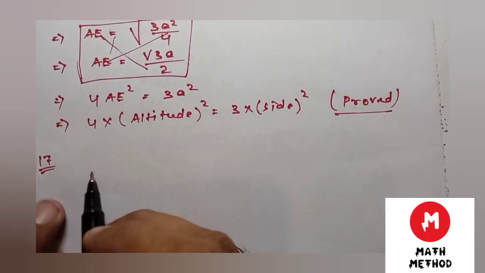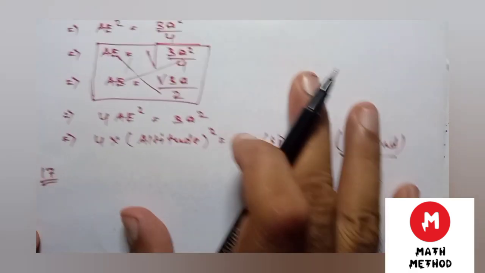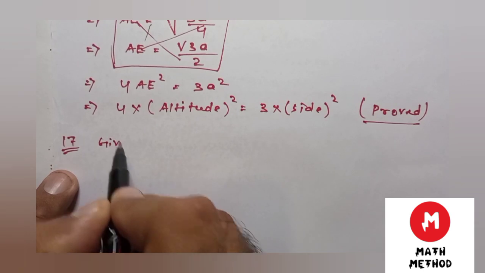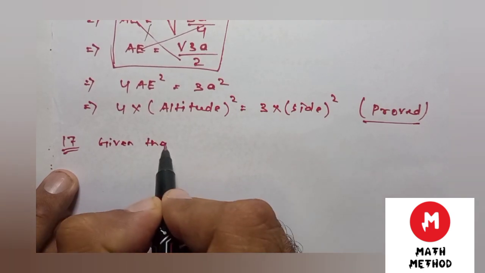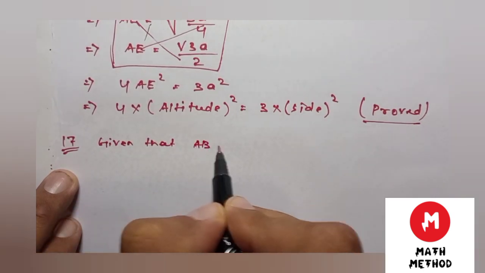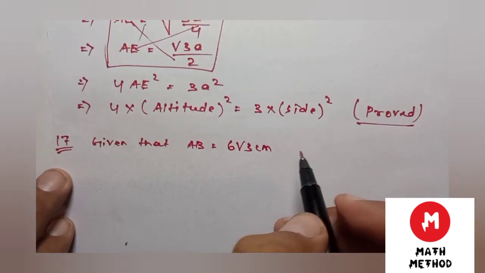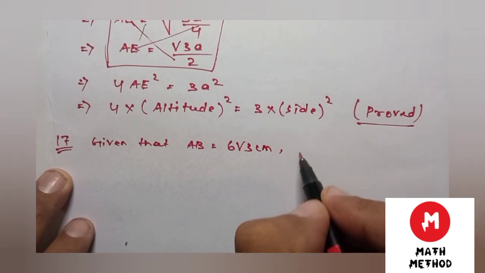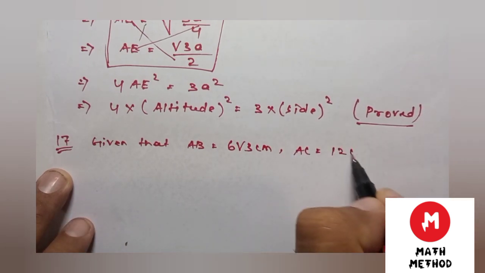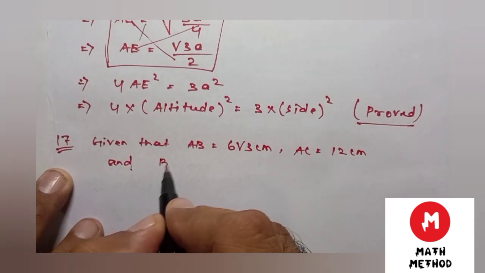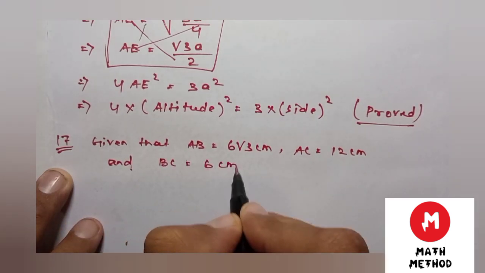For question number 17 we are given that AB is equal to 6 root 3 cm, similarly AC is equal to 12 cm and BC is equal to 6 cm.